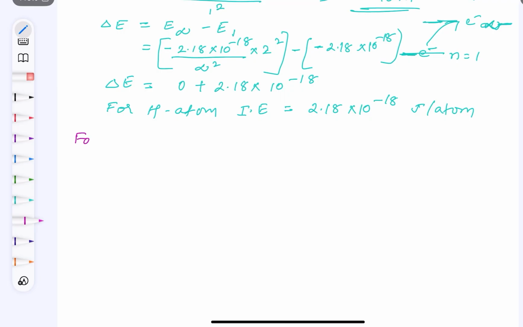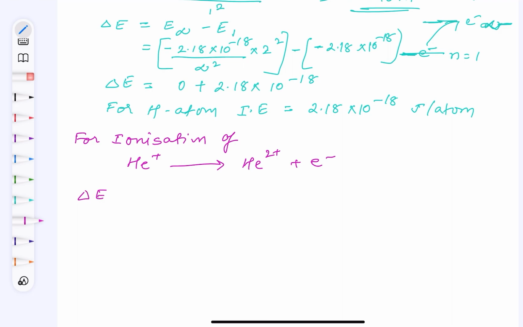So for ionization of He plus to He2 plus and an electron, what will be the change, that is, the ionization energy you will require.